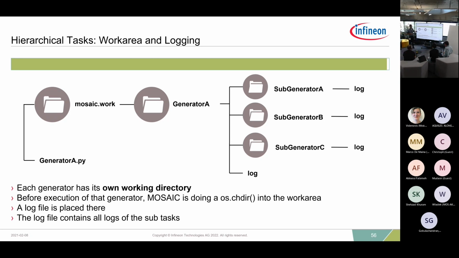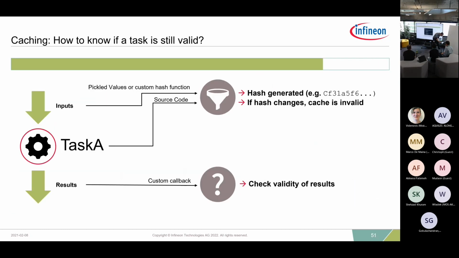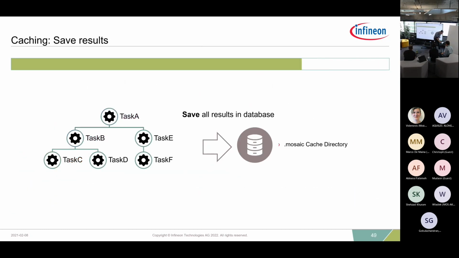If I understood correctly, basically this tree structure that we have seen before is represented here in the directory. Maybe I can show this tree again here, for example. This would also be our directory structure.